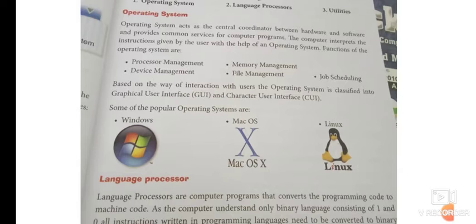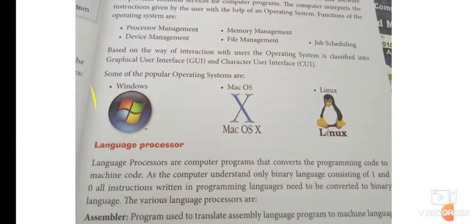Based on the way of interaction with the user, the operating system is classified into two categories: graphical user interface and character user interface. We know that the operating system is an interface between the user and the hardware, so there are two categories on the basis of the interface.